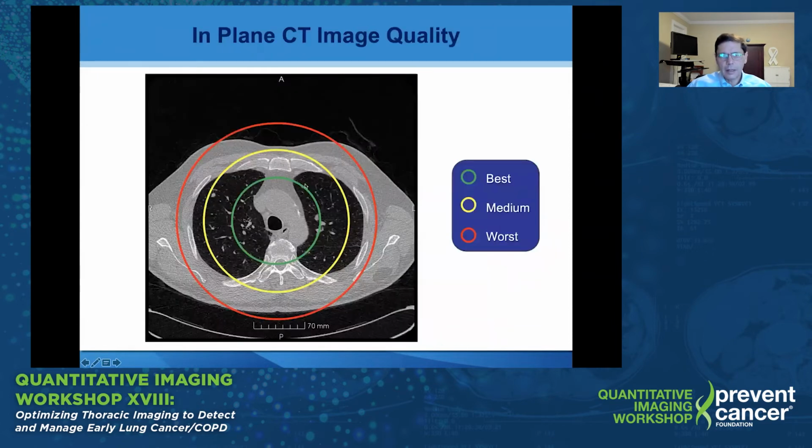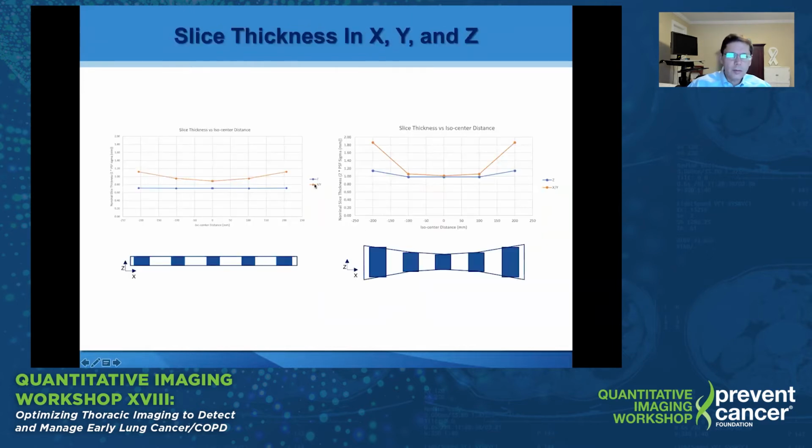And for that, we need to consider that the quality of a CT image degrades significantly in some scanners as you go out from the center of the scanner. So the center of the scanner is going to be generally the highest quality. And as you go 50, 100 millimeters, 200 millimeters out from isocenter, you get worse and worse quality on some scanners. For example, here, this is a machine on the left where you're going to see a nice thin slice.